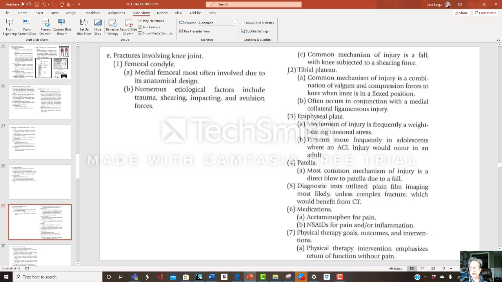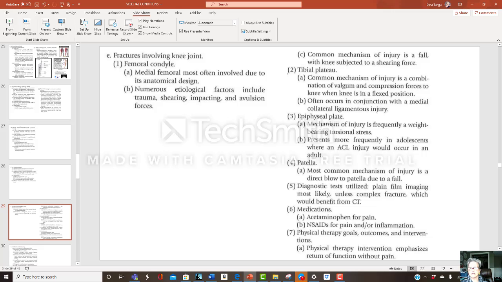Tibial plateau: a common mechanism of injury is a combination of valgus and compression forces to the knee when the knee is in a flexed position.